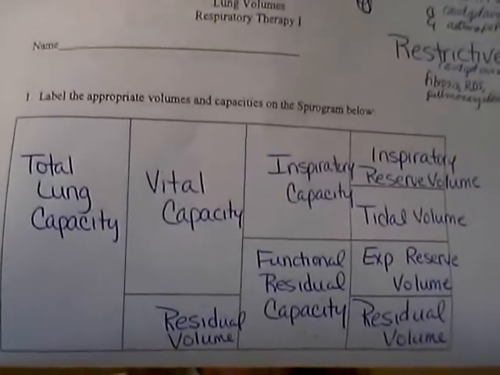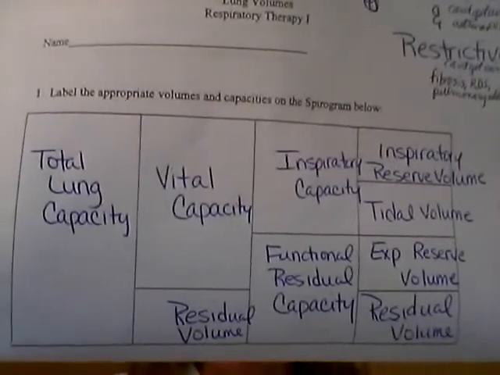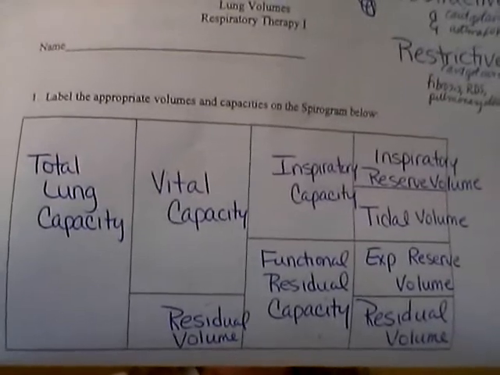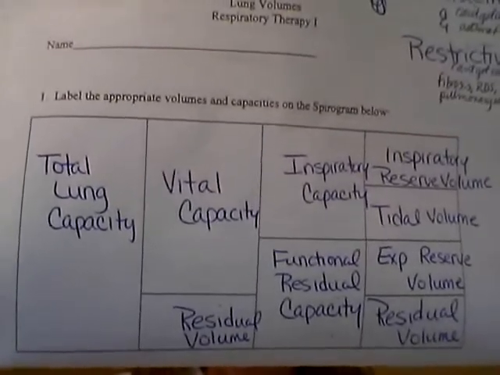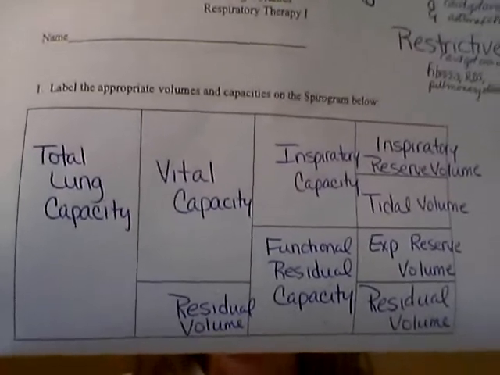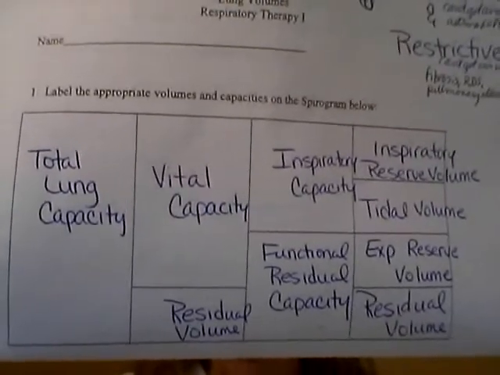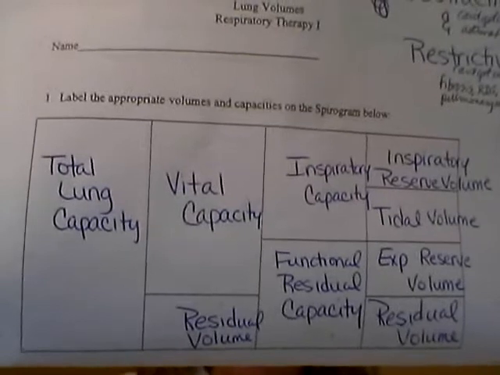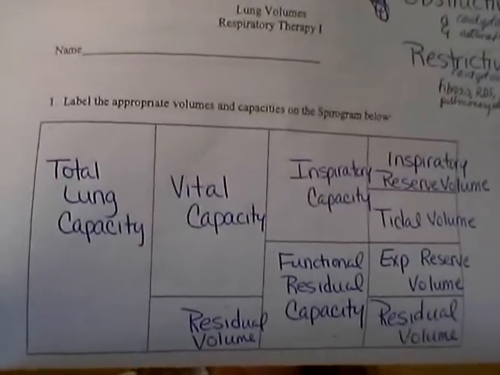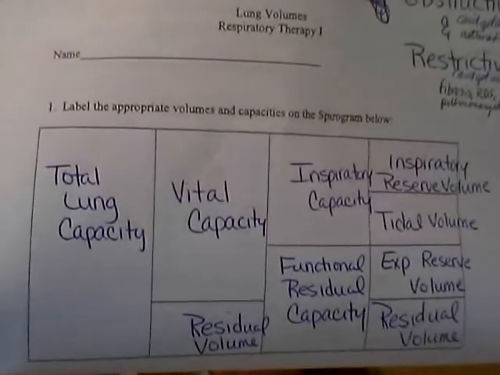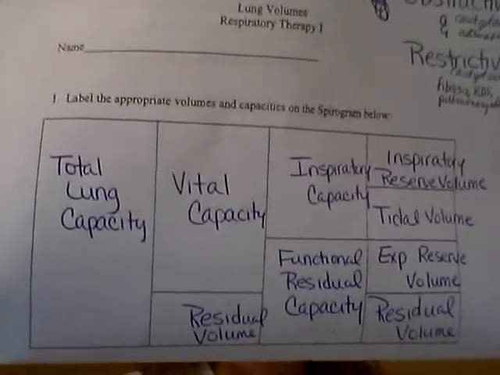Then inspiratory capacity plus functional residual capacity equals your vital capacity plus your residual volume. And then those two, a capacity plus a volume, equals the total lung capacity. And what it's telling you here is a combination of two or more lung volumes equals a capacity.